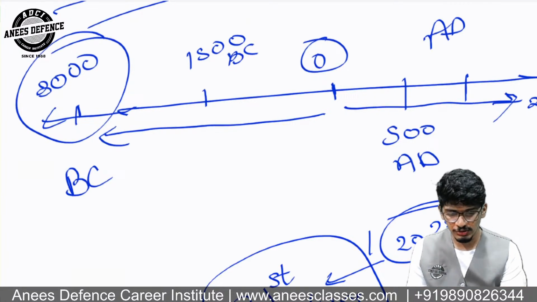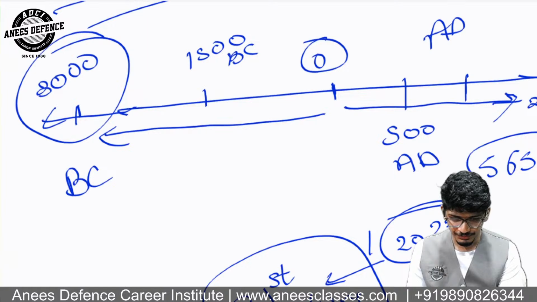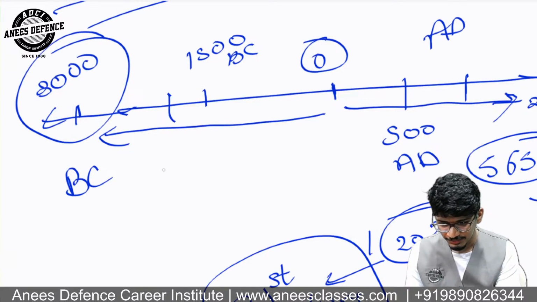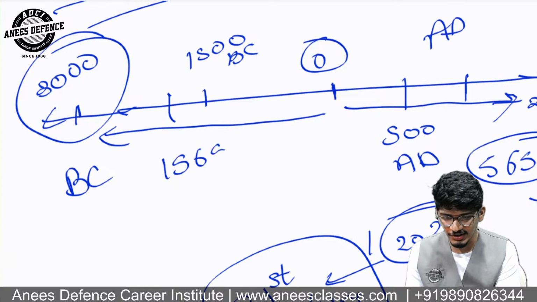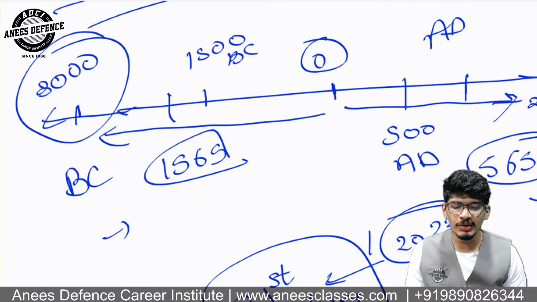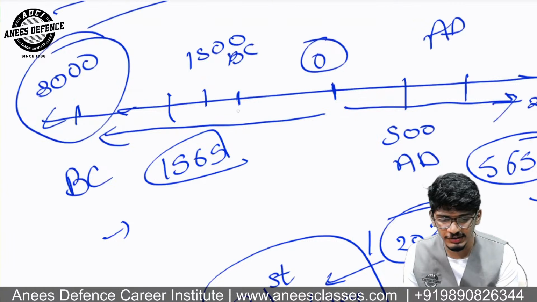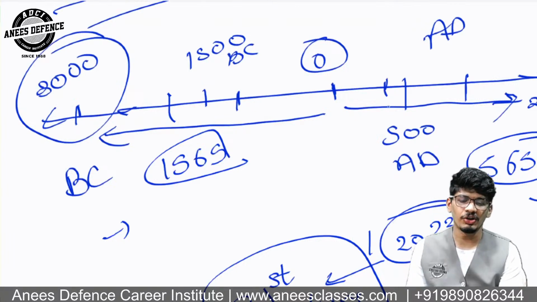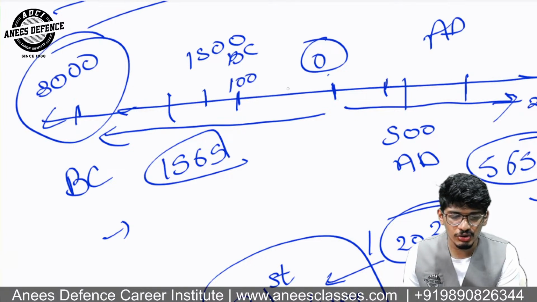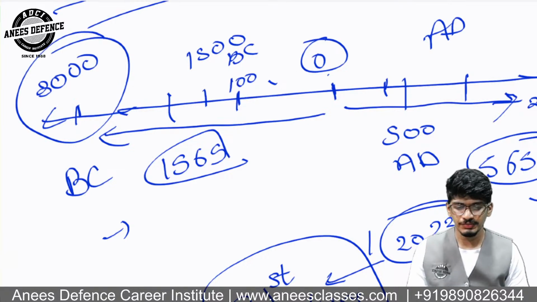So one thing you will get to know is that 565 AD means 6th century AD. Similarly, 1565 means 16th century AD. Now a question might arise in your mind, why such a classification? Because if you start from 0 and count backwards, 0 till 100, you cannot count this as the 0th century.